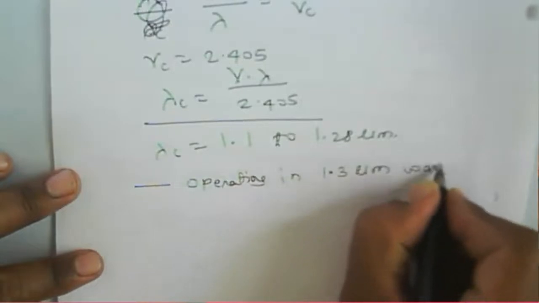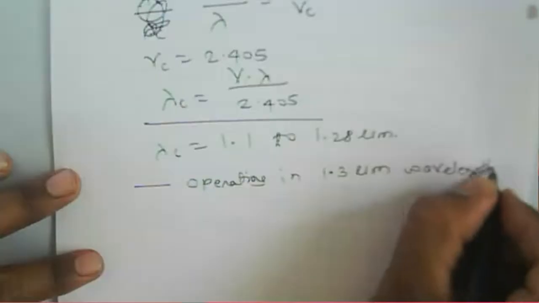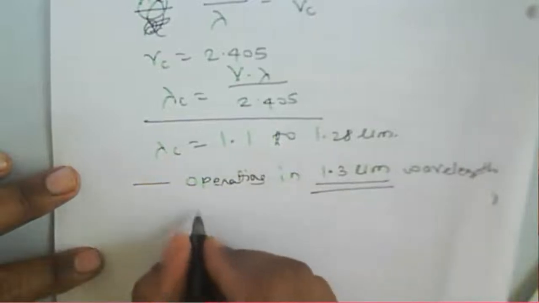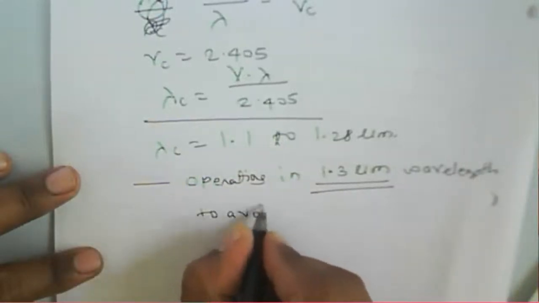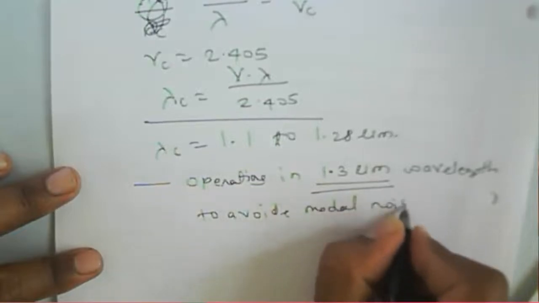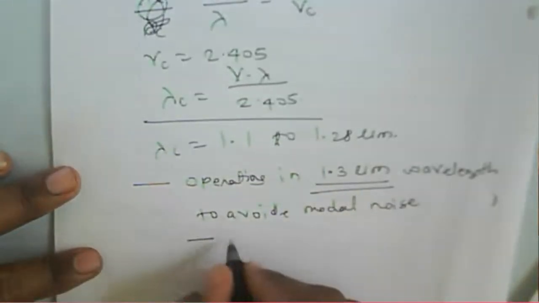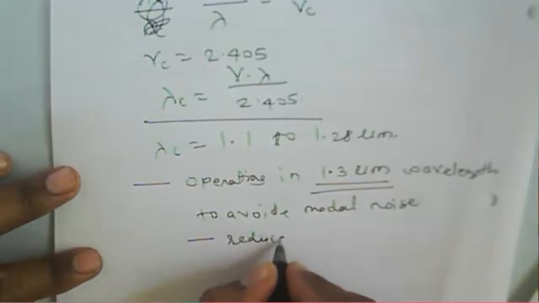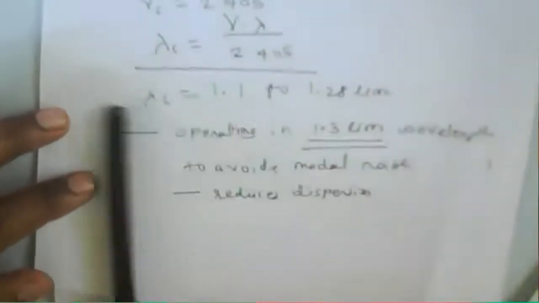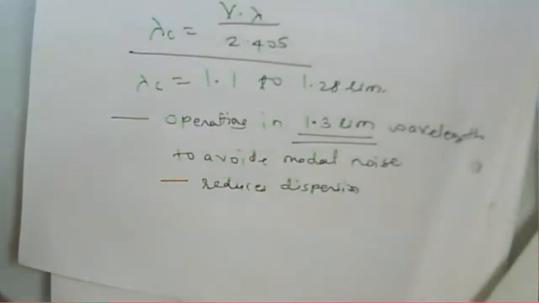And why 1.3? To avoid modal noise, or to reduce dispersion. Okay, this particular equation.